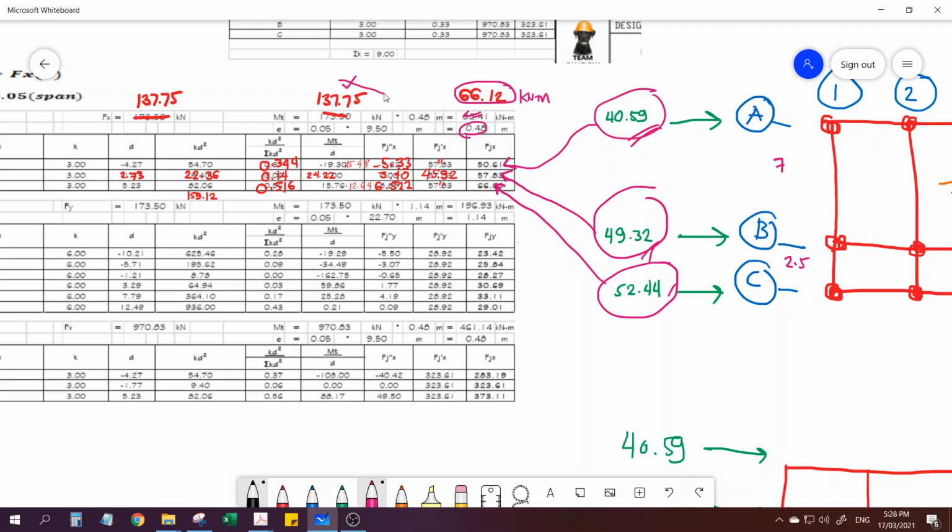Maybe there is just a round-off discrepancy, which is why it does not match, but basically it is almost the same. You will notice that the previous 45.92 decreased at frame A, but at frames B and C, the 45.92 increased, because we had torsion. The distribution of shear force due to torsion changed. So you will repeat the same process at each level.